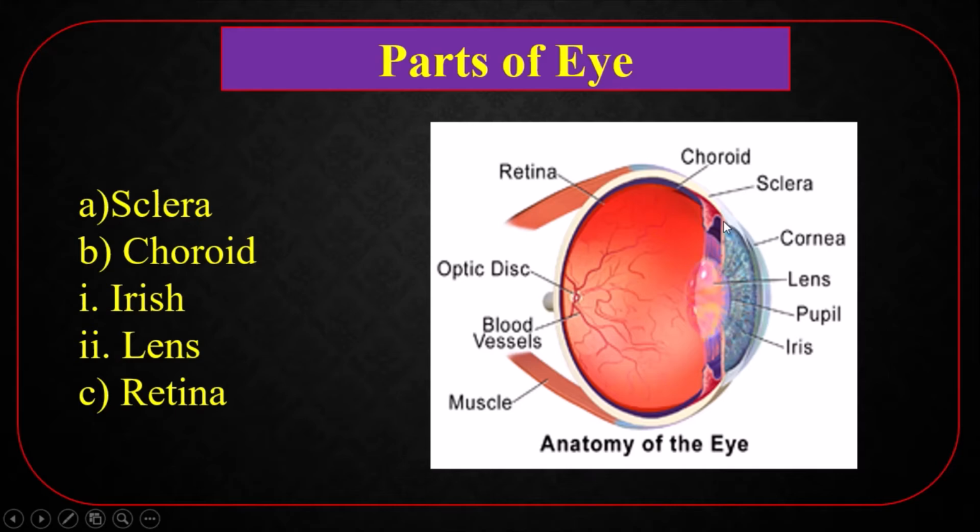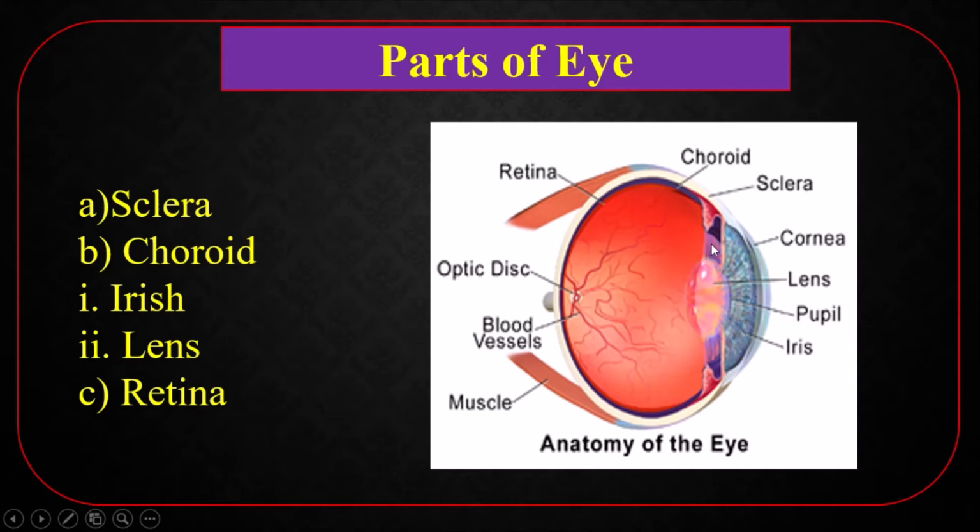Follow the picture. The outer layer of the eyeball is called sclera. The frontal part of the sclera is called cornea. The middle layer of the eyeball, which is dark and pigmented, is called choroid. In the choroid, iris and lens are present.